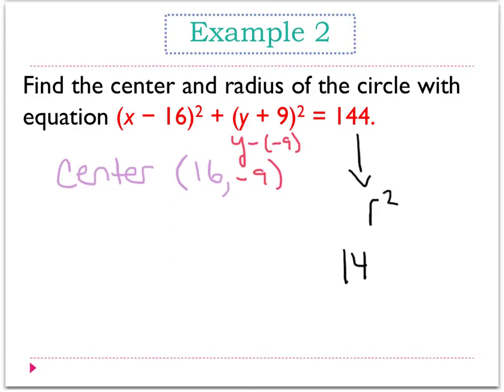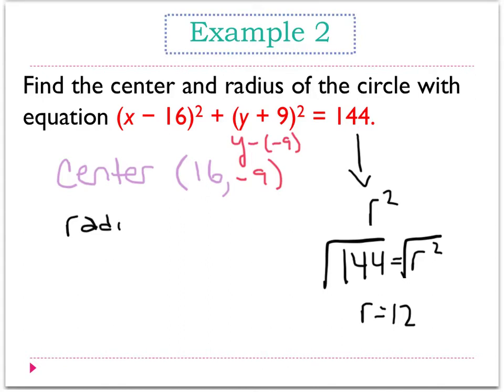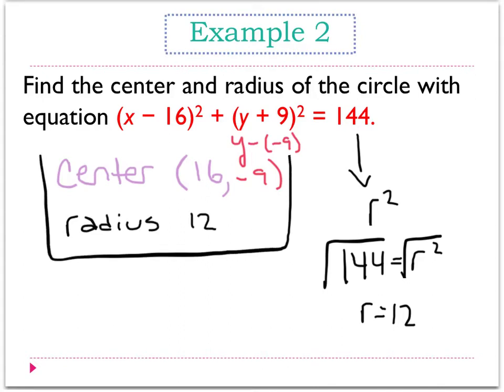So 144 equals r squared, so by taking the square root we can get r is 12. So the center is (16, -9) and the radius is 12 for this circle.